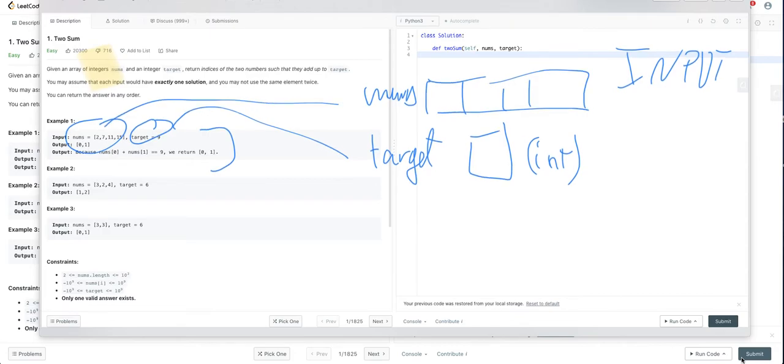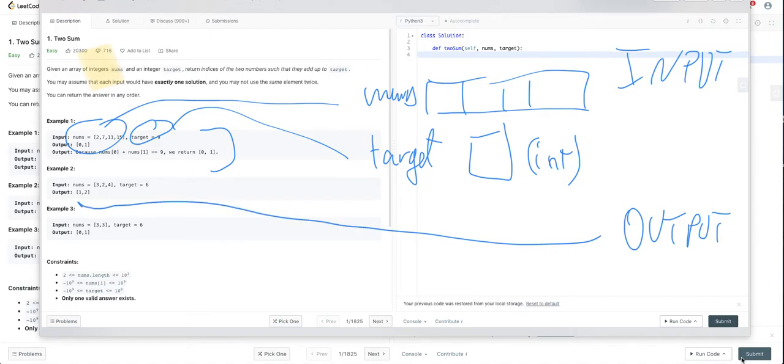Okay. And then it says what we want to get back is basically two indices. So specifically we're looking at indices here and not the actual numbers. That's not what we want. We want the actual index related to that number. And the good thing is they're telling us that there is exactly one solution, so there's no tricking.